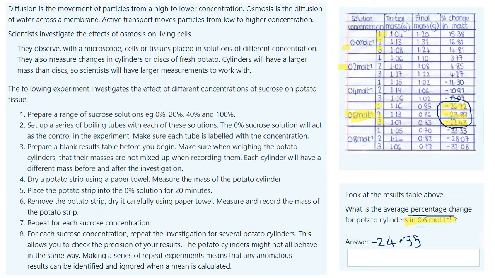If you look here, when it was pure water, the potato actually increased in size. When there was a weak sugar solution, the potato increased in size a little bit. When the solution started to become stronger, it started to decrease in size. And when there was a very strong sugar solution, the change in size was very dramatic, reducing by around 1/3.